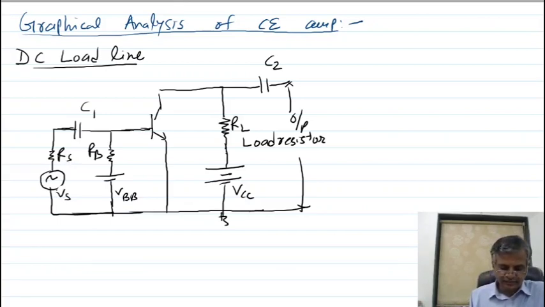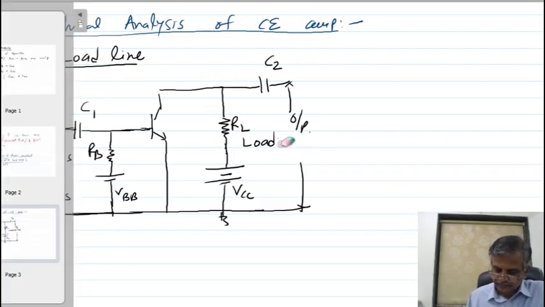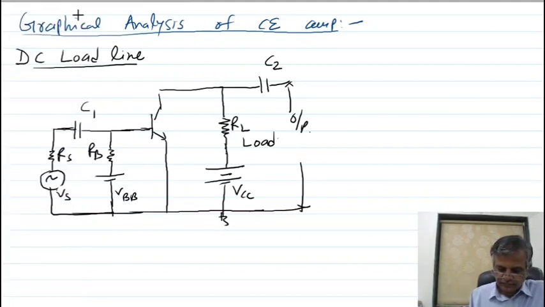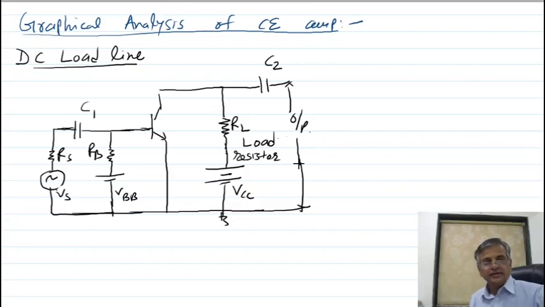Look here. This is a basic common emitter amplifier circuit. This grounding line is the same.